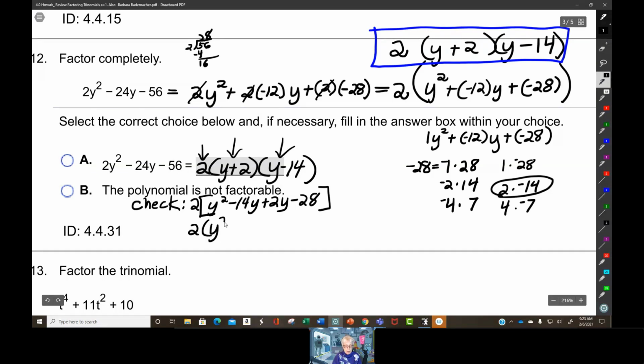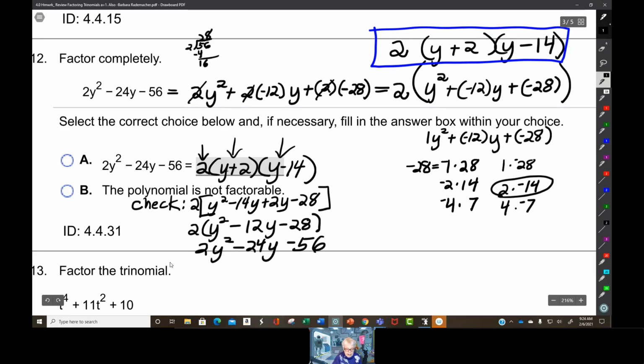This will be y squared. Notice I'm combining my like terms before I distribute in the 2. Negative 14y plus 2y is negative 12y. Minus 28. Then I multiply in the 2 and I'll get 2y squared minus 24y minus 56.